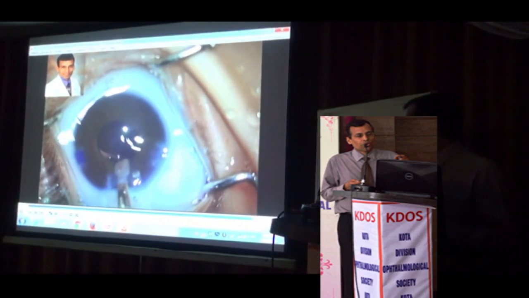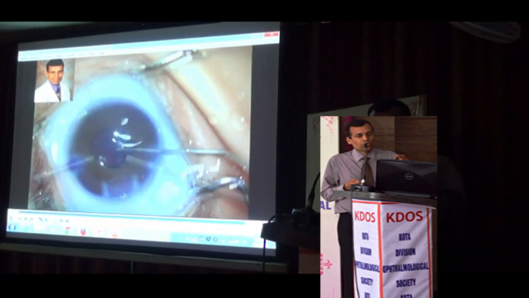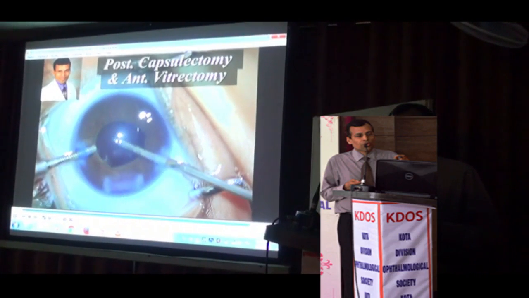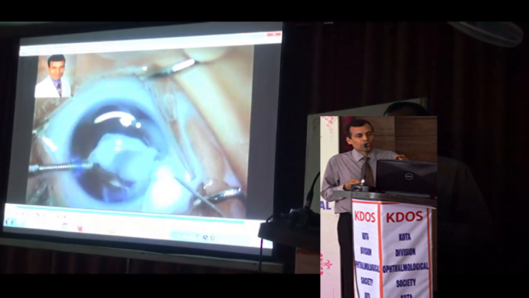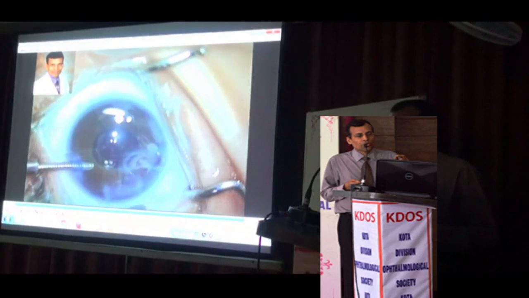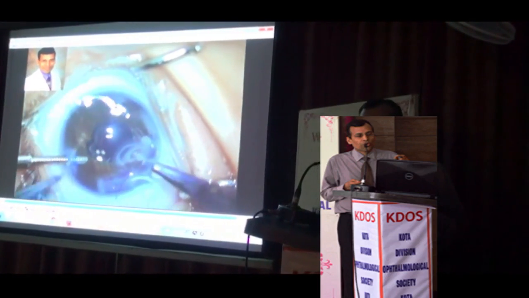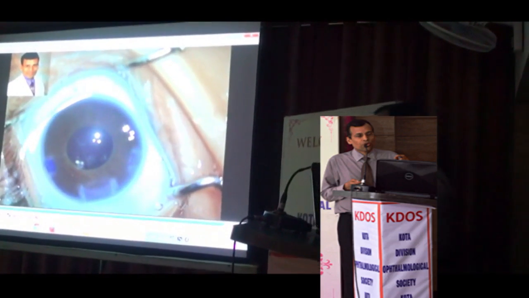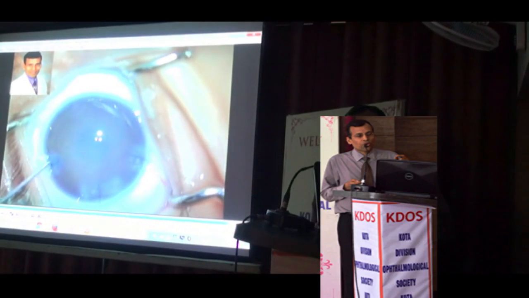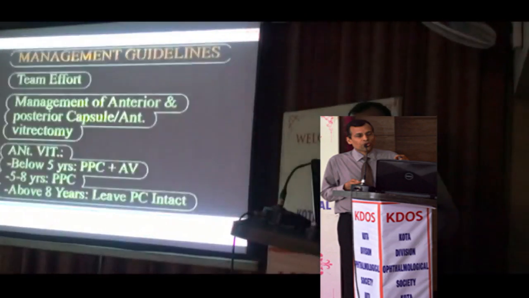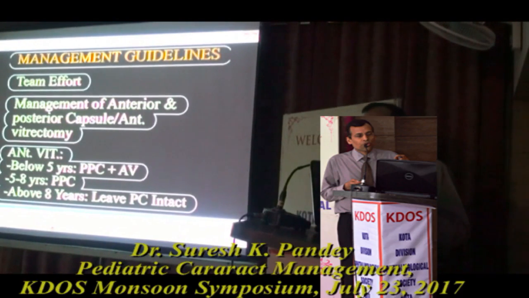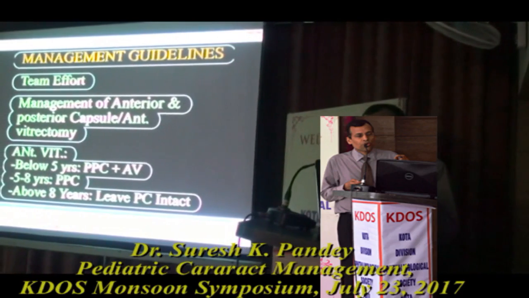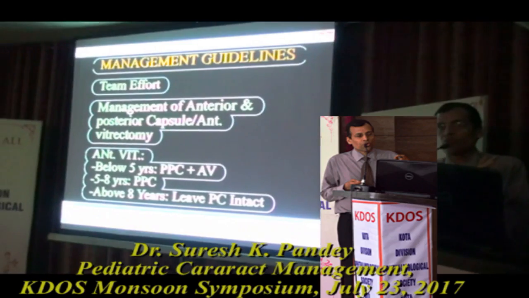So this is the last case of Zepto in a young infant, and here we are doing the primary posterior capsulotomy and anterior vitrectomy, and once again the injection of triamcinolone in the anterior chamber to stain the vitreous. And last but not least, it's very important to suture these cases, the side port and main incision, because children tend to rub their eyes, and because of less scleral rigidity, there is a fish-mouth effect.